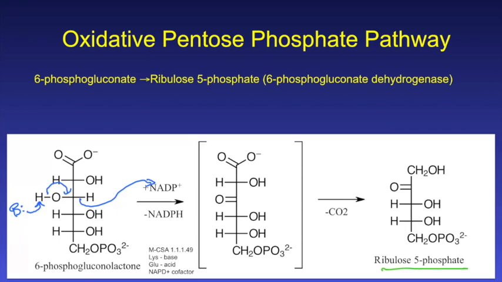How many carbons are in ribulose? 5. And how many carbons did I start off with? 6. So what falls off? Carbon dioxide.